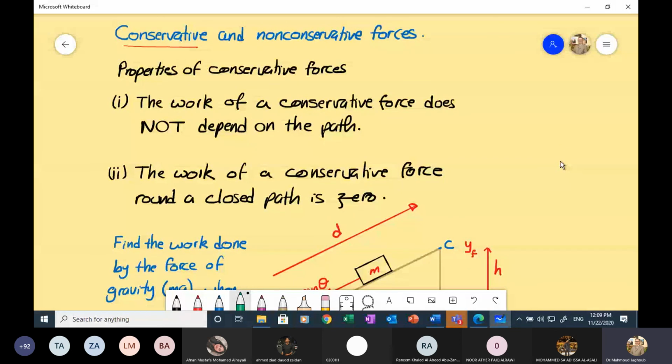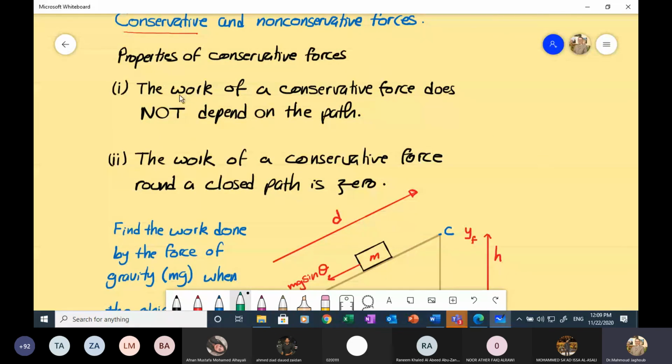How do we define a conservative force? A conservative force has the following two properties. The first property is that the work done by a conservative force does not depend on the path.